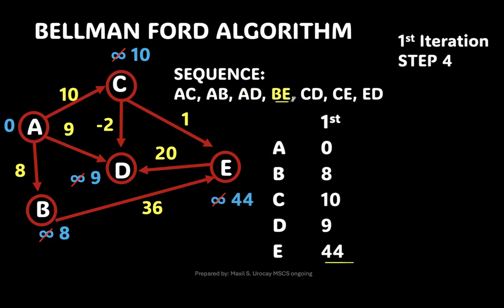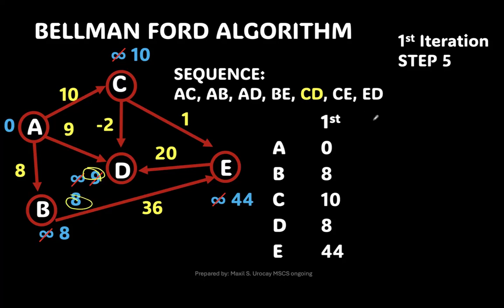CD afterwards will be 10 minus 2, that is 8. So 9 is greater than 8, and we update that to the shorter path.